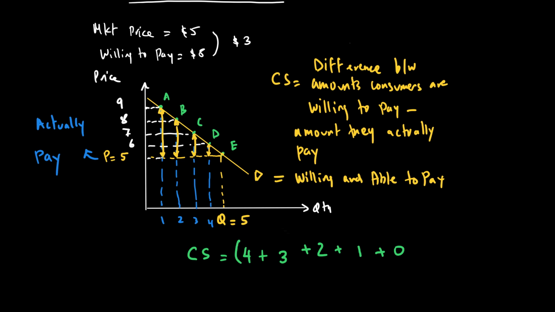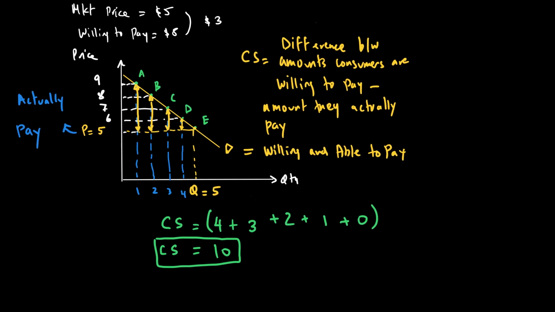So if I add all this, the difference between what I'm willing to pay and actually pay, my consumer surplus, as can be seen from the diagram, will be 4 plus 3 plus 2 plus 1, which means 10. So consumer surplus is the difference between what I'm willing to pay versus what I actually pay.